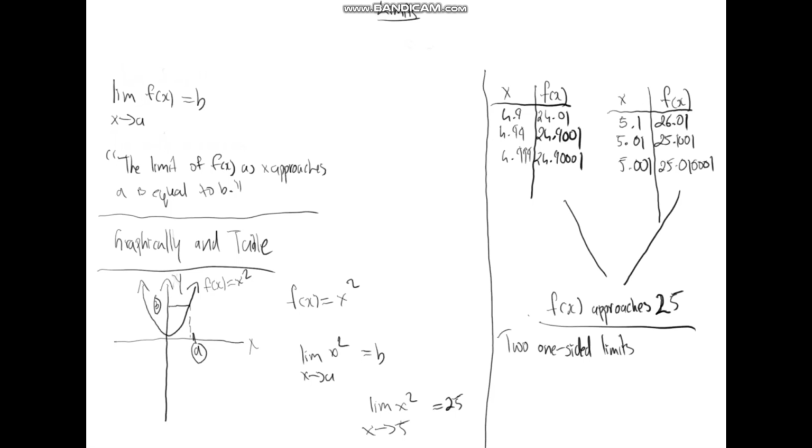We'll go into this more in depth later on, but this one is called the limit as x approaches 5 from the left side of x squared, and we'd call this one the limit as x approaches 5 from the right side of x squared. When we approach from the left side, we use the notation minus, and when we approach from the right side, we use the notation plus.